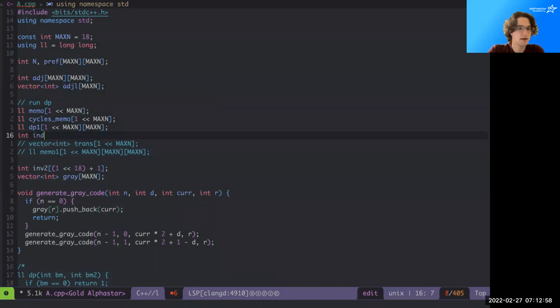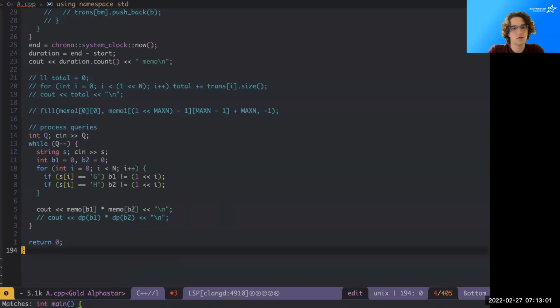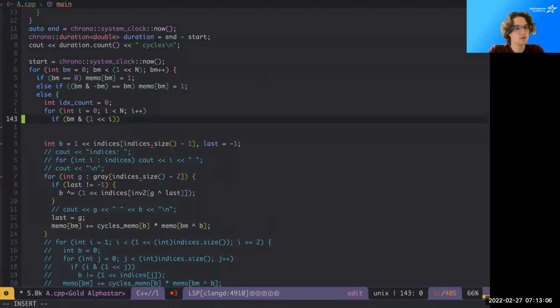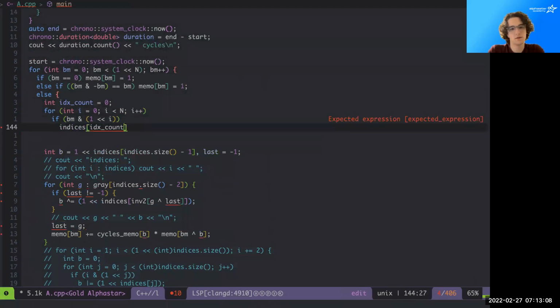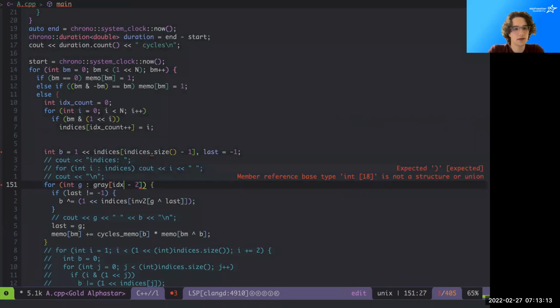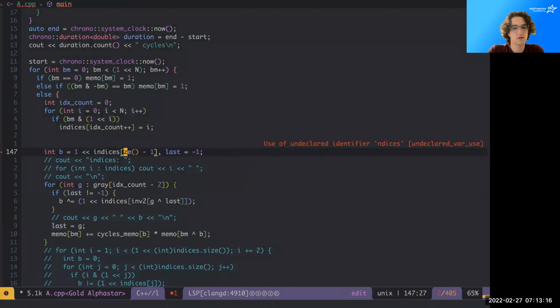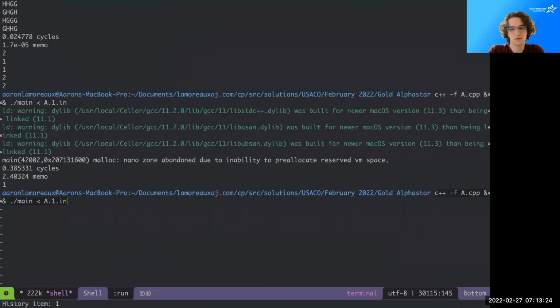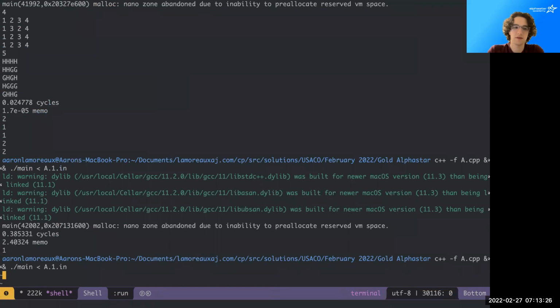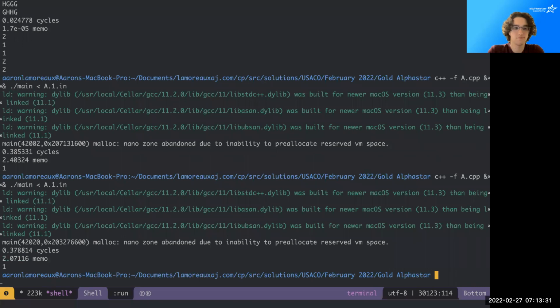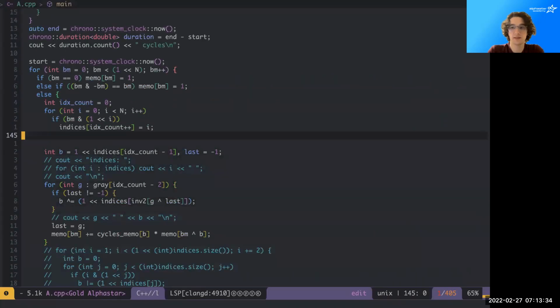Okay, so let's try just eliminating the vector creation. Drops all 0.4 seconds.